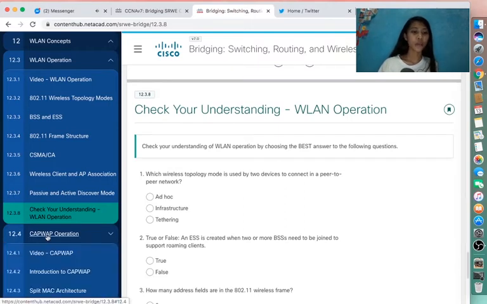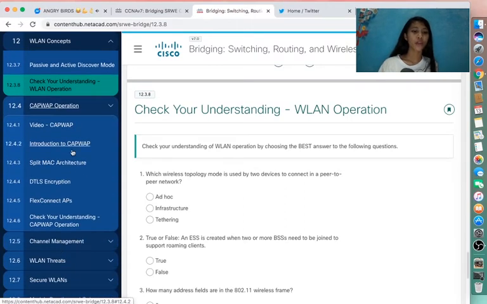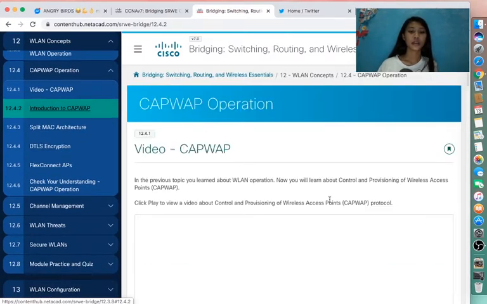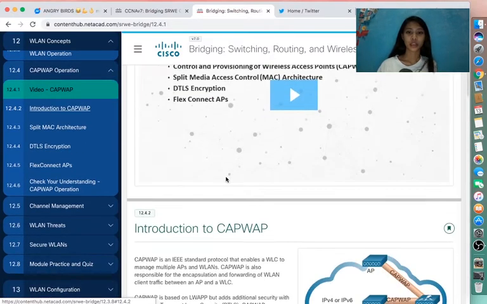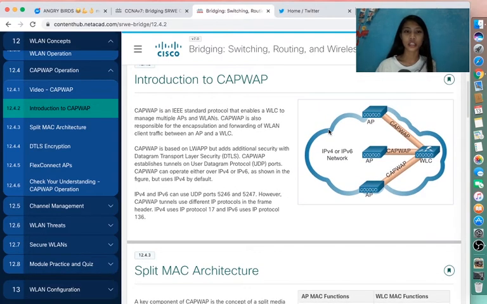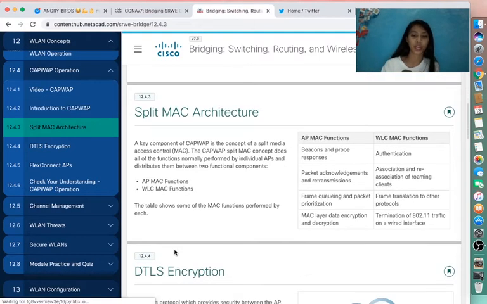Introduction to CAPWAP. This diagram is an introduction to CAPWAP. We have here our 3 switches, our 1 WLC, and our IPv4 and IPv6 network.